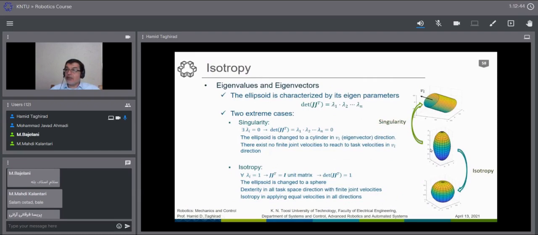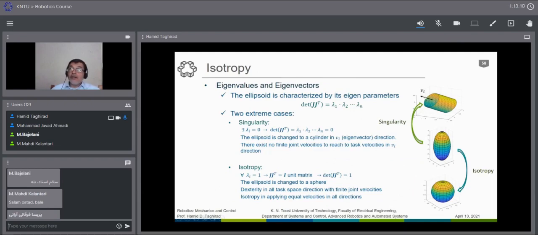What happened to this ellipsoid? The ellipse will change to something like a cylinder. It is extremely large at one point and then very narrow at the other. We reach a cylinder instead of an ellipsoid with a certain direction.